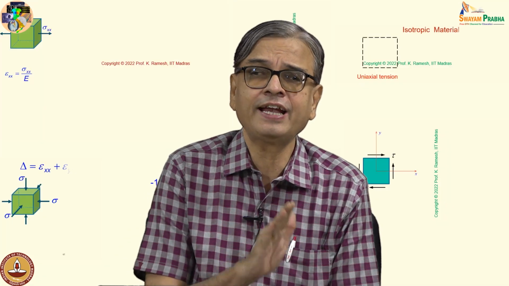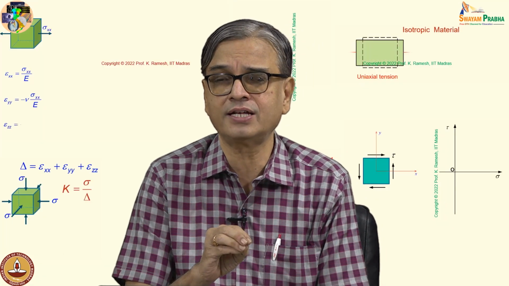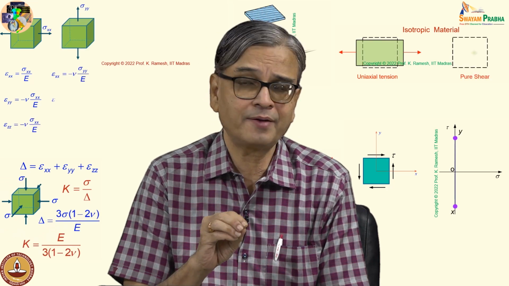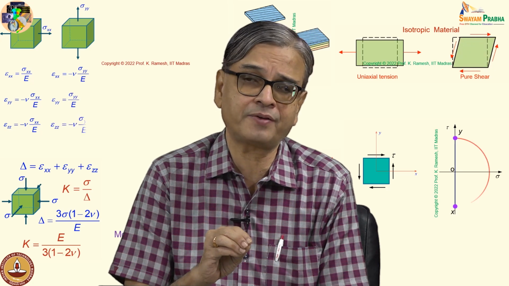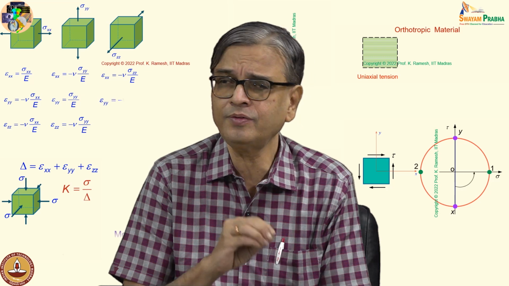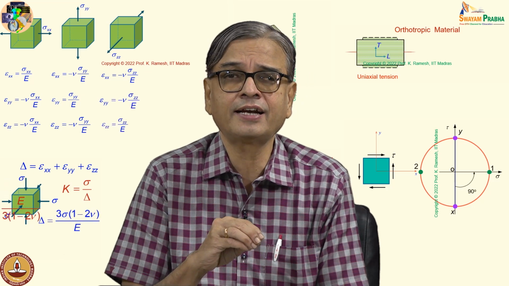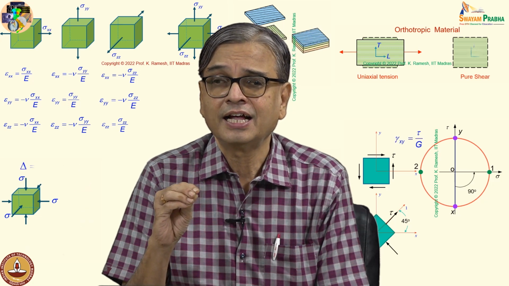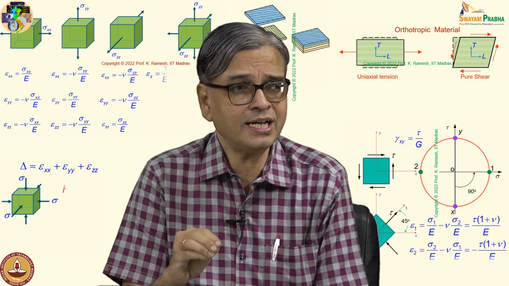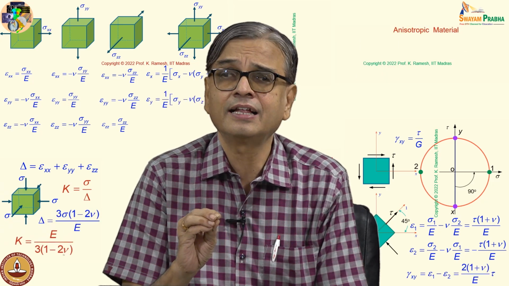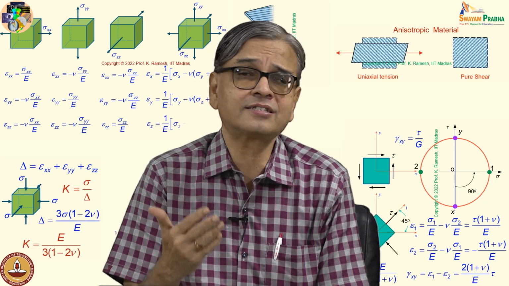So, what we find here is that when we discuss shear modulus and bulk modulus, we have been able to establish a relationship between Young's modulus, bulk modulus and Poisson ratio. Similarly, an interrelationship between Young's modulus, shear modulus and Poisson ratio, and these interrelationships declare that any two elastic constants are sufficient.